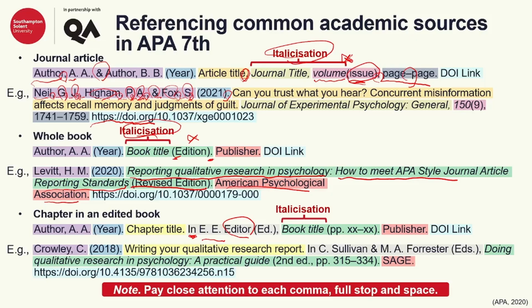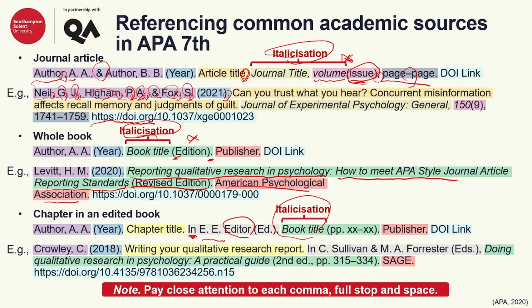The book title uses sentence case and is italicized. Information about the edition and page range of the chapter appears in round brackets after the book title. You should also use p. for one page or pp. for a range of pages.